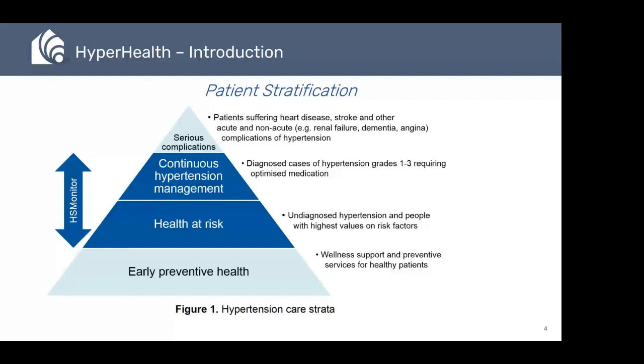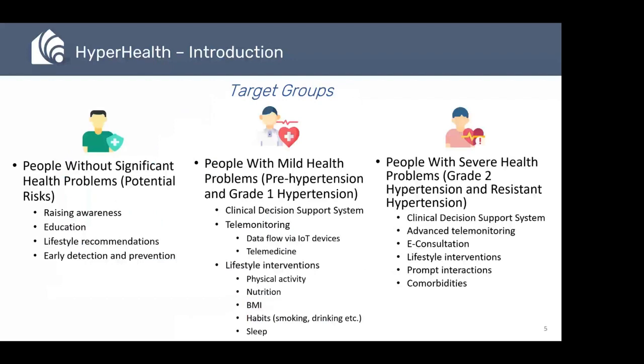According to this, the platform can be set with different features to answer all the different problems and requests of the patients that have been divided according to their risk score. Thank you.